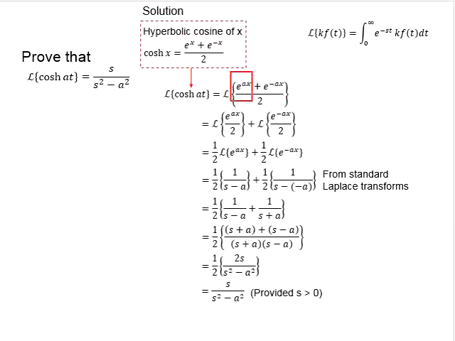You may separate the two terms here to become the Laplace transform of the two. Solve this by referring to the formulas of Laplace transform. The difference between this and this is the positive and negative sign for the constant a.